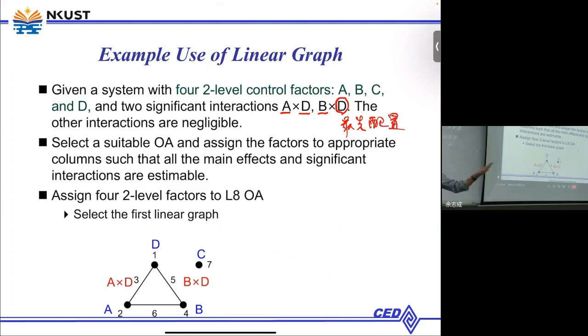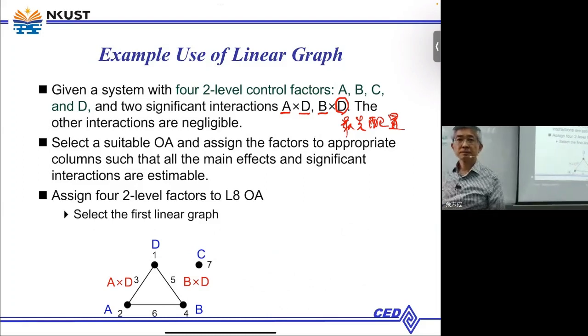We make sure all the interactions and all the main effects can be estimated, but the orthogonal array will be very big in this way, since you need to separate all the interactions. As you can see, two-way interactions of two-level factors are easier. You occupy only one column. But if you are three-level, you need to reserve two columns for each interaction. Then your DOE, your orthogonal array, will be very big. Any questions?